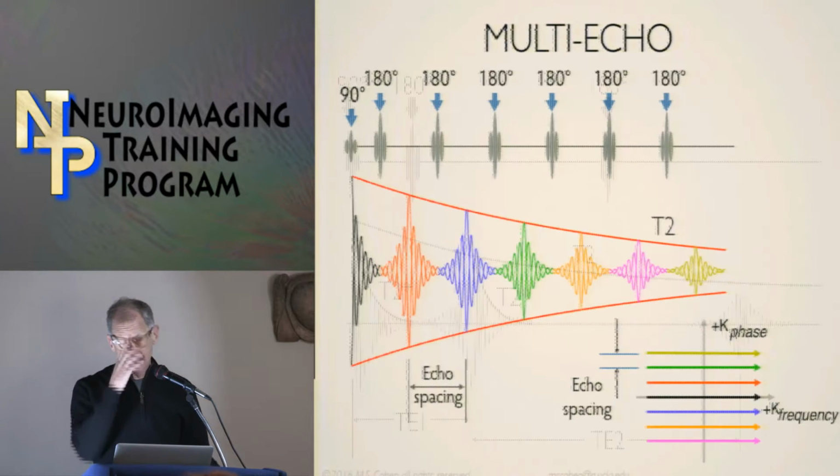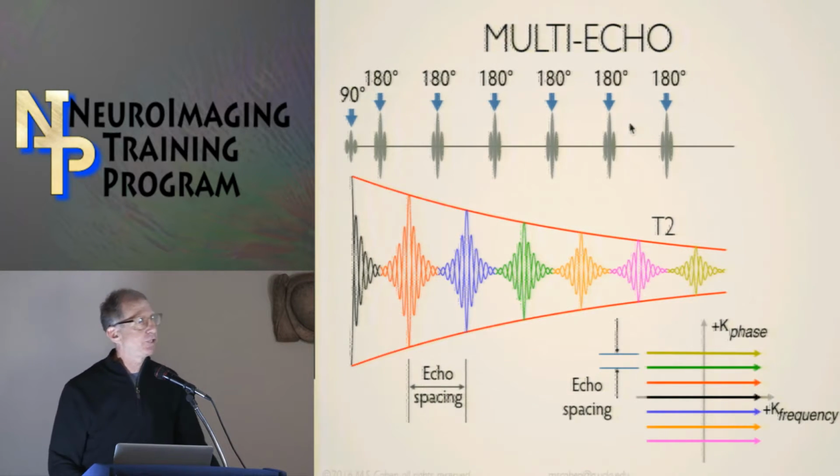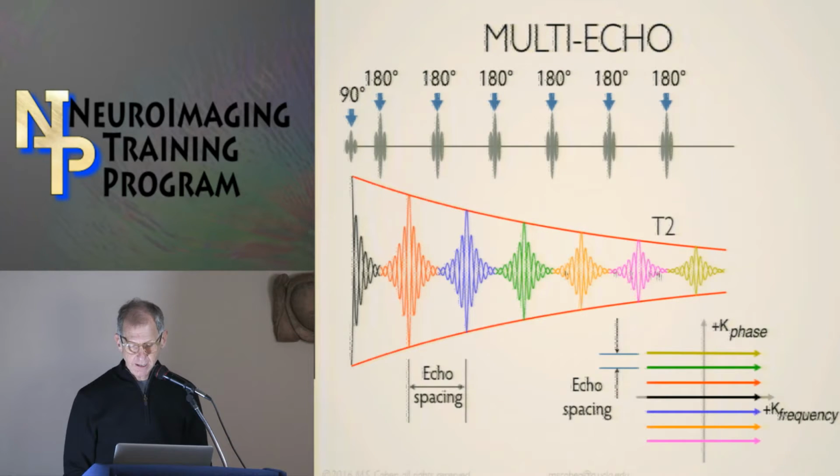Now you can carry that to large extremes and have a large number of 180-degree pulses, each of which forms an echo. The magnitude of the echo decreases with T2, but if these things are happening relatively rapidly, that magnitude change is less important. So you can populate the raw data space by encoding each of these different echoes differently with the gradients.